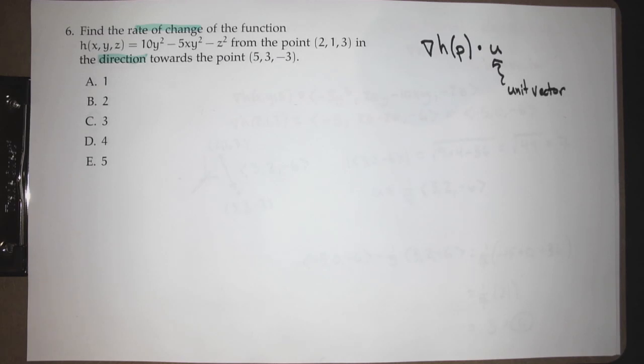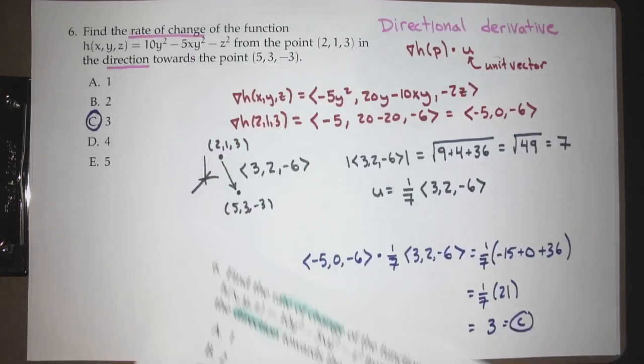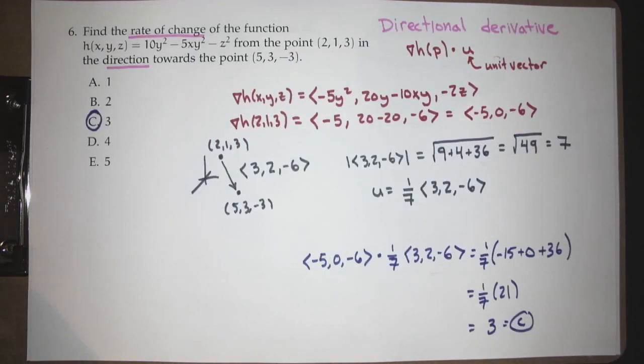If they're really generous, they'll give you a unit vector. They might not give you a vector. They might give you points. So be ready to adapt to whatever situation they present you. All right, so our options are 1, 2, 3, 4, or 5. What's the answer? C, 3.